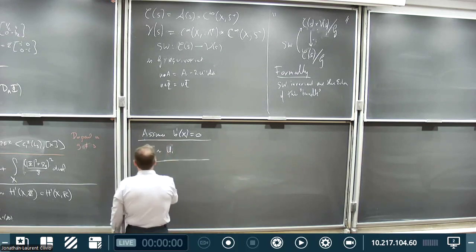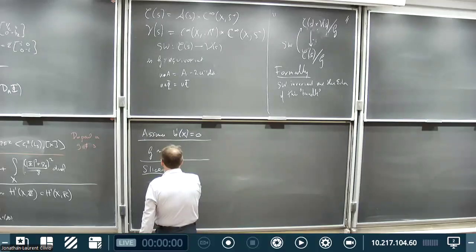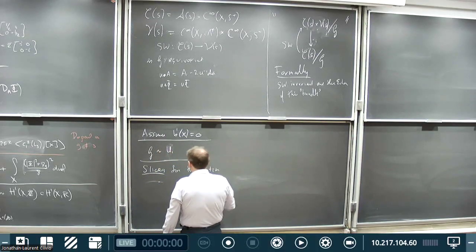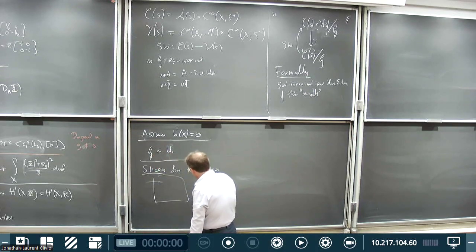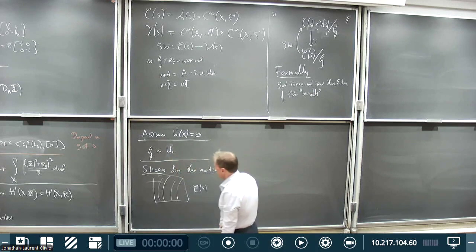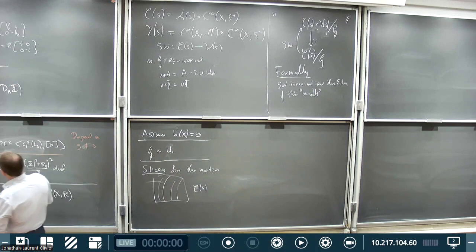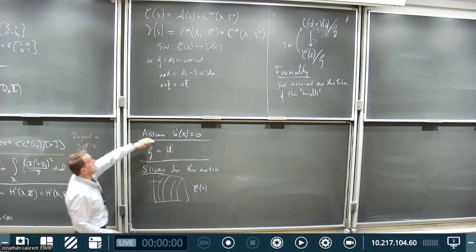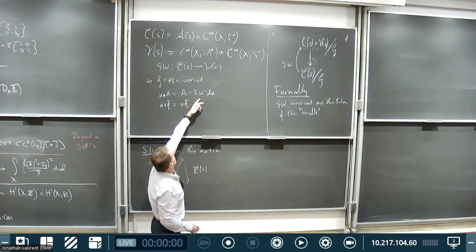And to do that, we're going to need slices for the action. So anyway, I've got some space, the configuration space, and this gauge group is acting. And it's acting in a rather simple way on the connections.